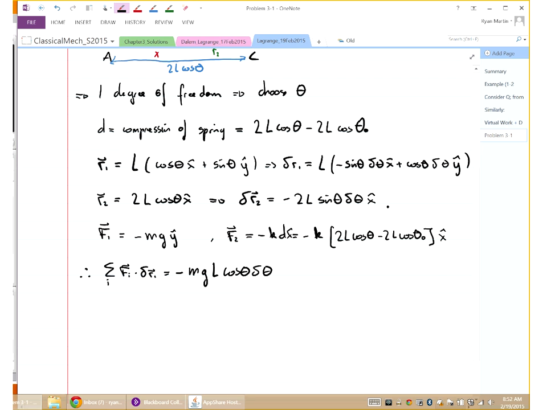And then plus F2 dotted with delta R2. F2 is all in the x hat direction, so is delta R2. They're both negative, so when I dot product them, they'll be positive.